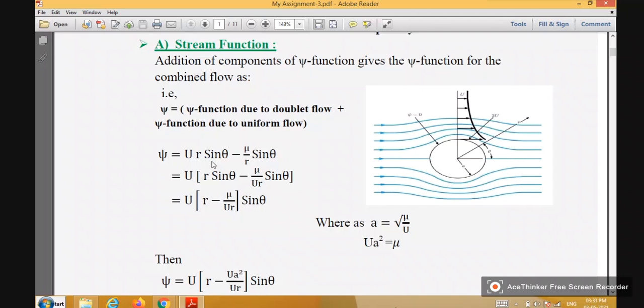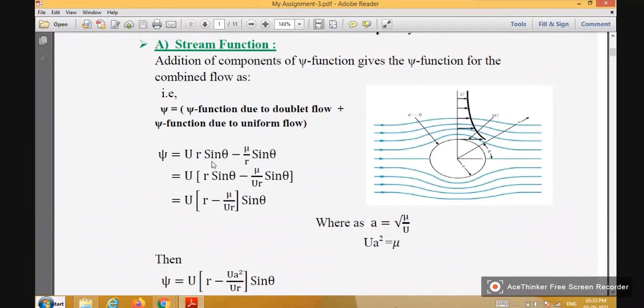You have to say a doublet of strength mu, and tell what that mu is. A doublet of strength mu and a uniform flow with velocity u are combined, right? Then you have to tell in which coordinate system you are going to analyze the entire system. That point also you must make clear, right?